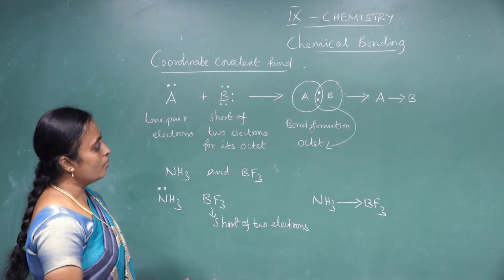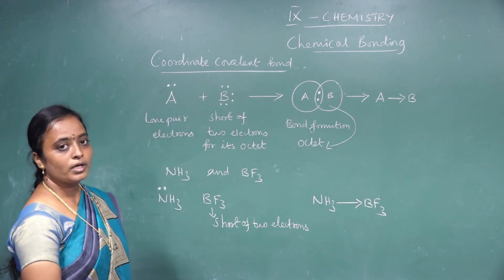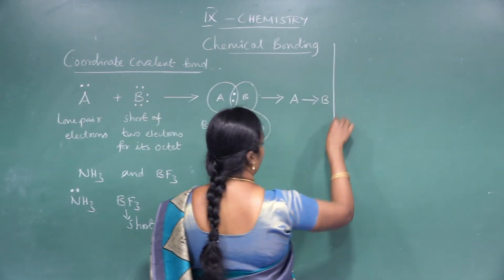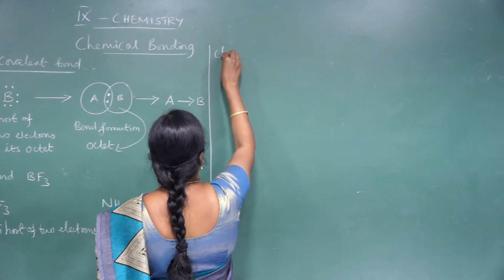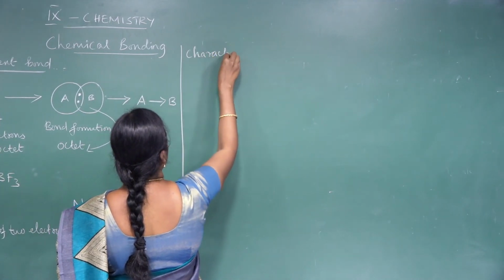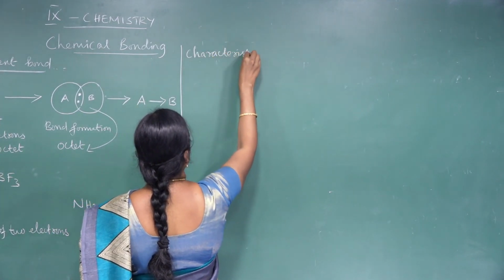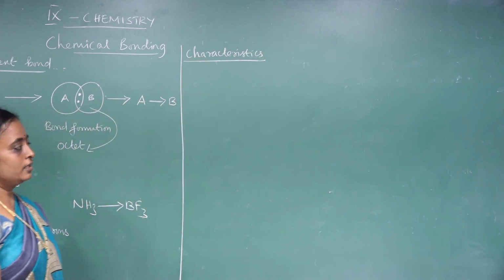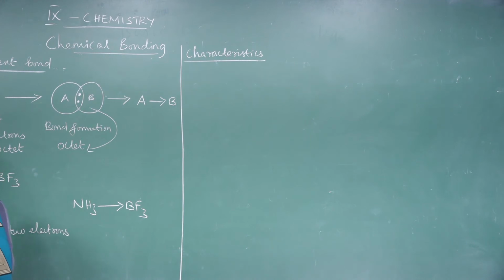Okay. So next we are going to see the characteristics of a coordinate covalent bond. Let us take the physical state first.